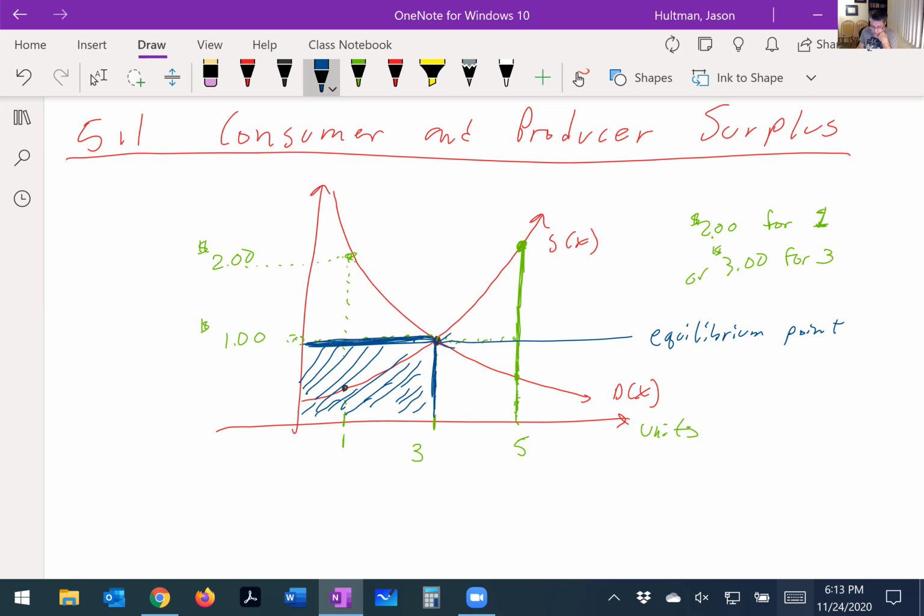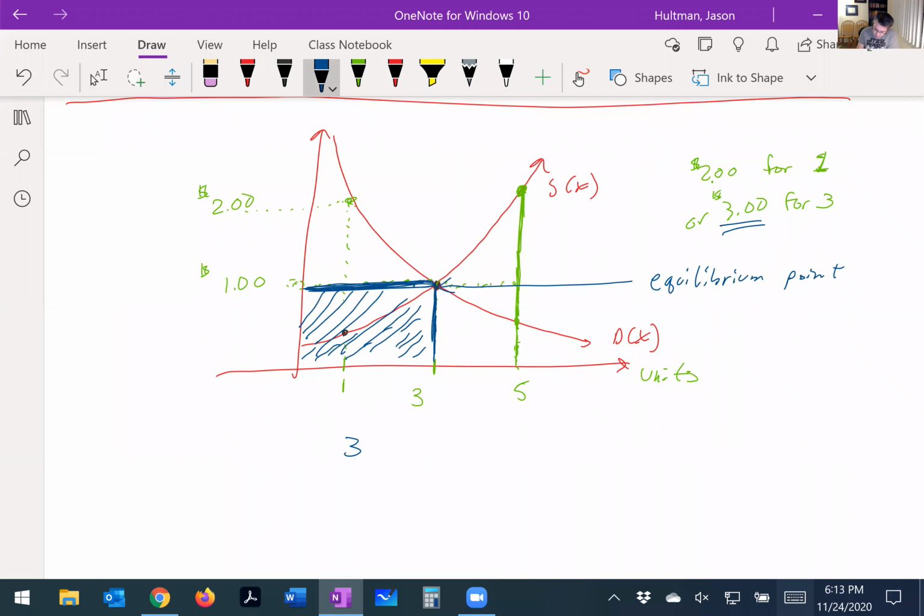Think of it as 3 times 1. Well, isn't that the $3 that we got here? So I have 3 cantaloupes at $1 a piece, which is equal to 3 times 1, which is $3.